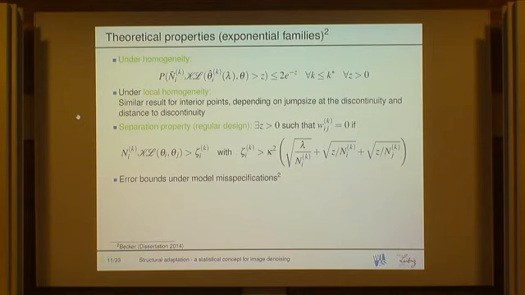You have a separation property that depends on the class of distributions through this parameter kappa. And she has also some error bounds under model misspecification, but they depend on an additional ingredient in the algorithm that we usually don't use because it simply deteriorates results.